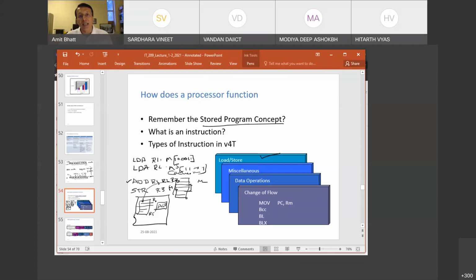Adding is done only between registers, and for the add instruction, that answer has to be stored into a register only. Only the store instruction is the one which is legally allowed to take a value from the register and store it in the memory. Is it clear to everyone?